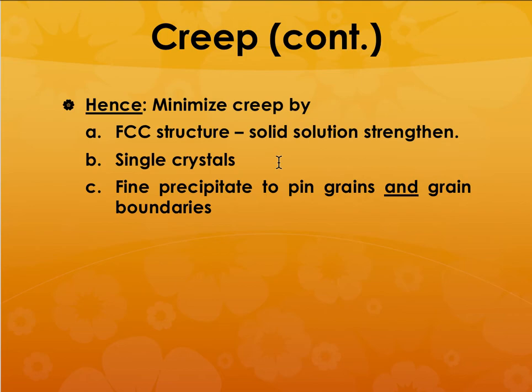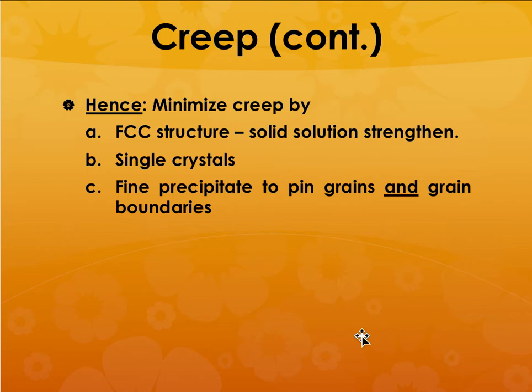When you do directional solidification of your component, then it has less tendency to form a lot of grains. Or you try to create very fine precipitates to pin the grains and the grain boundaries so that the grain boundaries will not move at all.